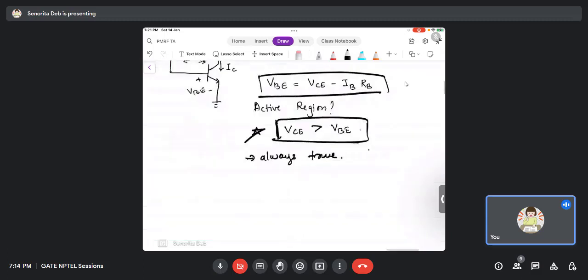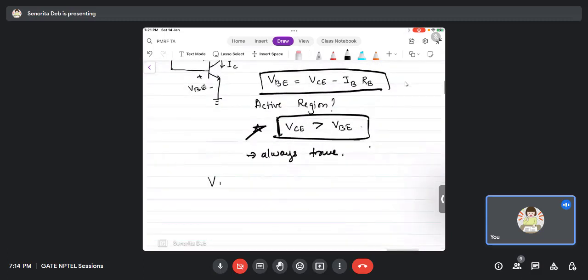Now VCE is nothing but IBRB plus VBE. IB is nothing but IC by beta, so VCE is IC by beta into RB plus VBE.